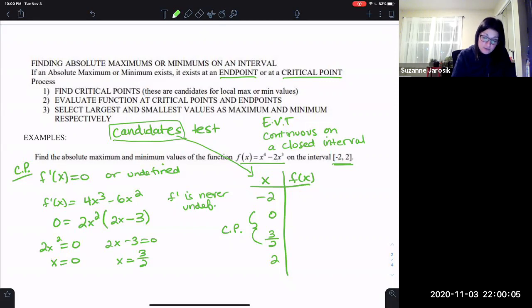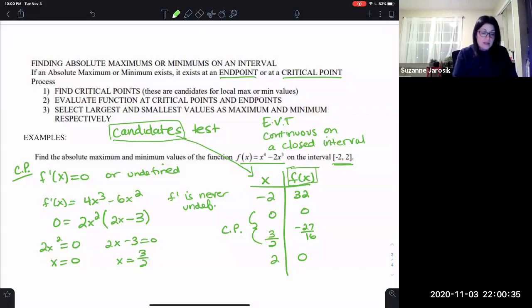Now I'm taking all of these and plugging them back into f, and you can pause right now and do that yourself. But I'm just going to write down my values because you're all capable of plugging in. So you should get 32, you should get 0, you should get negative 27 over 16, and you should get 0. We plugged back into the original function, f.